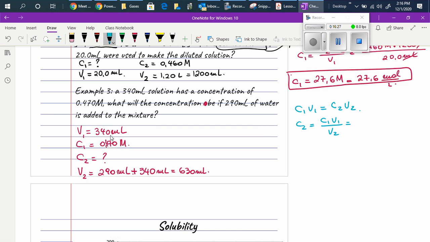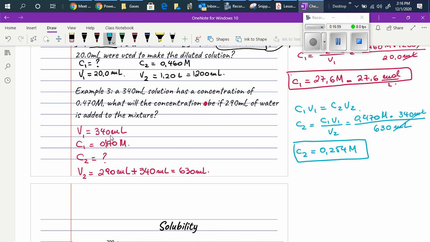So C1 is 0.470 molarity, V1 is 340 milliliters, over V2, which after adding 290 milliliters of water is 630 milliliters. So milliliters and milliliters cancel out, and you will have a concentration of 0.254 molarity after adding it.